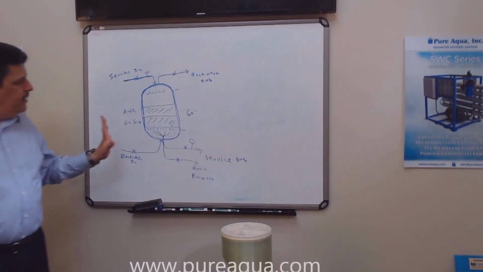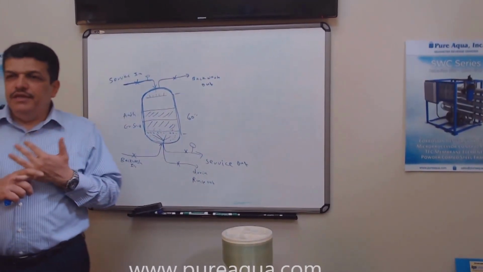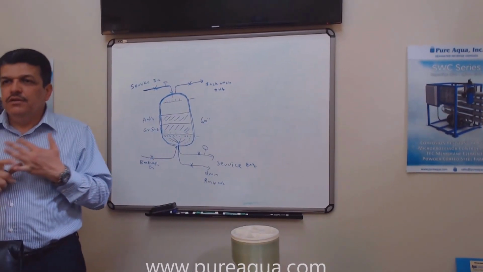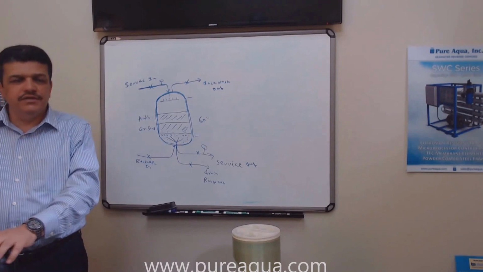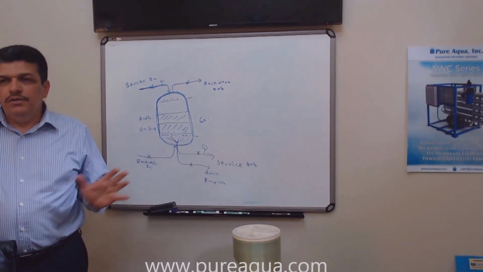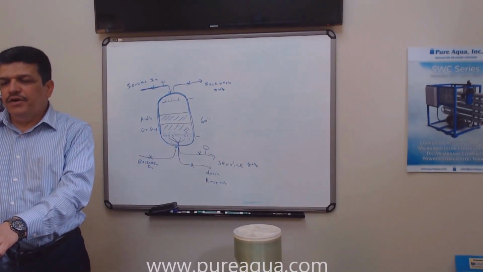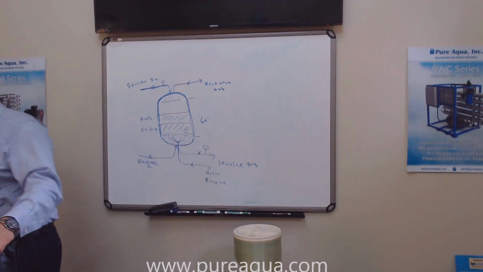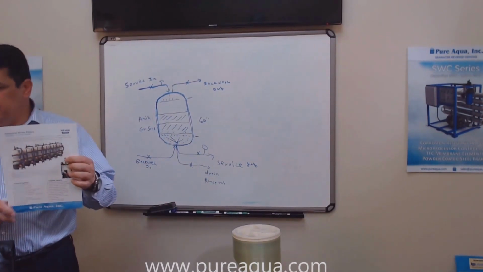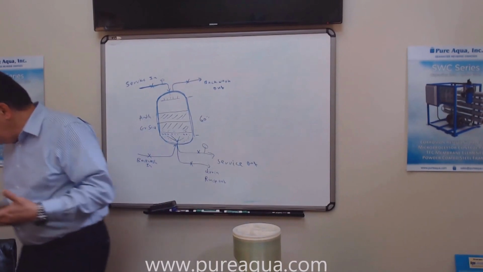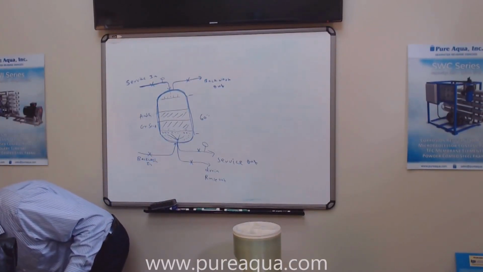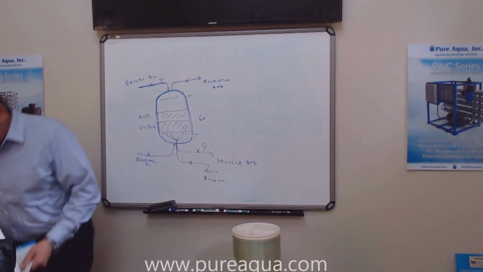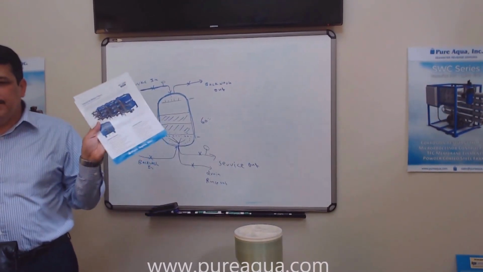Now, those tanks, we do them either in stainless steel, which a lot of different industries, like beverage and pharmaceutical, prefer, or we can do fiberglass, like our NF600 series, or we can do steel tanks like this.